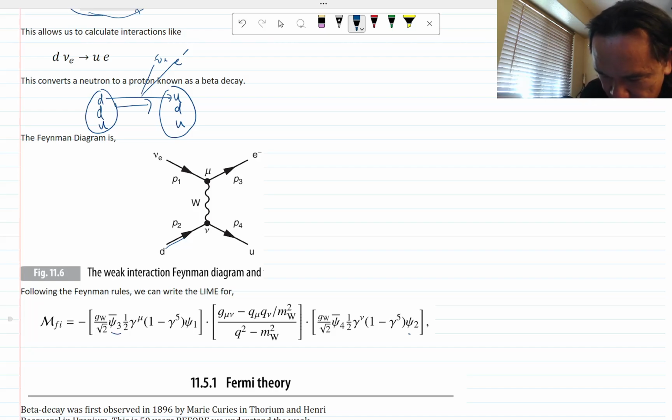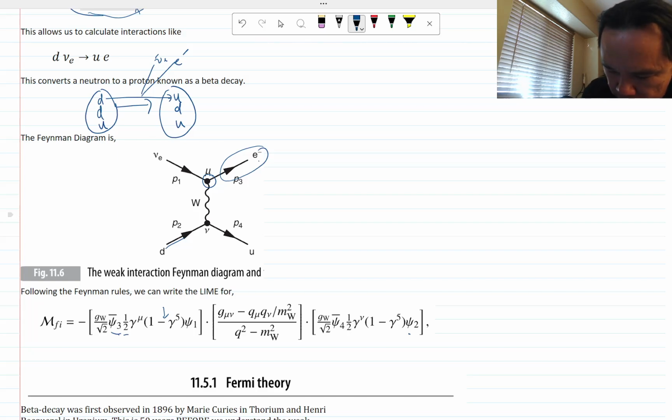So you have psi 3, which is, you're starting from this point, and then you reach the weak vertex. Remember the weak vertex has this factor of 1/2 gamma mu times 1 minus gamma 5, which is the V minus A aspects of the weak interaction.